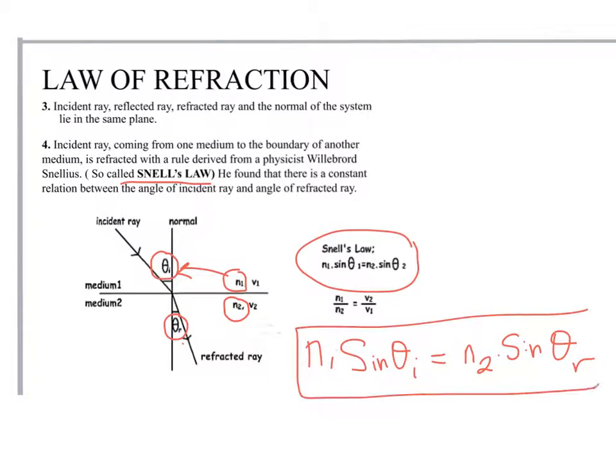So by using this, we can find the refractive indexes of the mediums. Again, don't forget this relationship. The refractive indexes are inversely proportional to the speed of light in that medium.